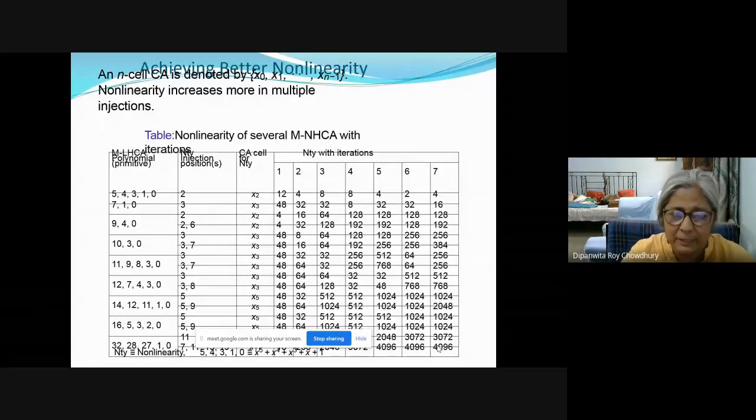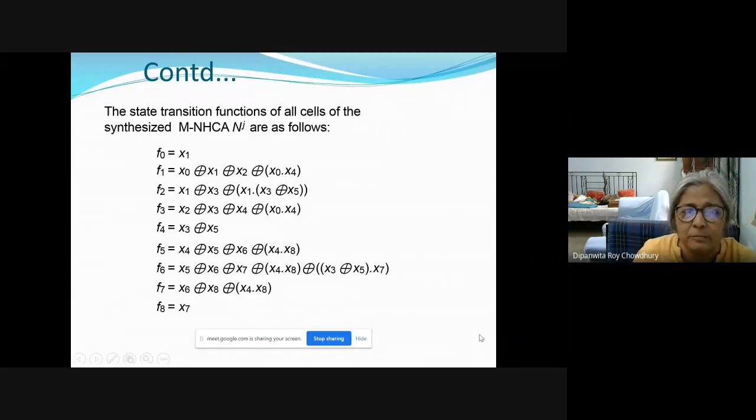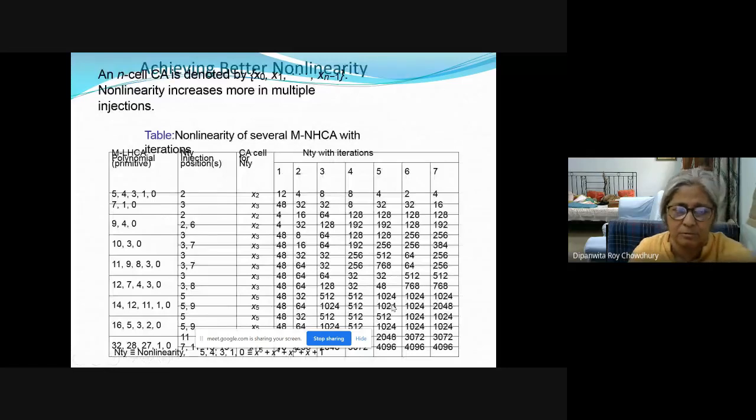So with a much lesser cost, that is the novelty of CA, that only with a local neighborhood relation, and with cycles, we are spreading the nonlinearity to other cells. Here we have injected at one end and here at the other end, and with the cycles these also become very good.